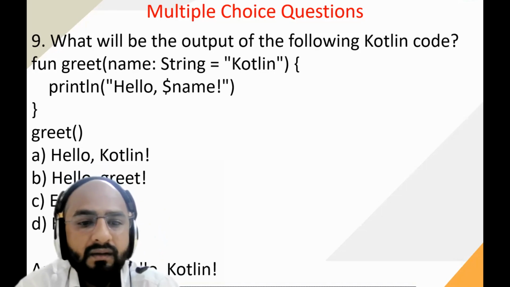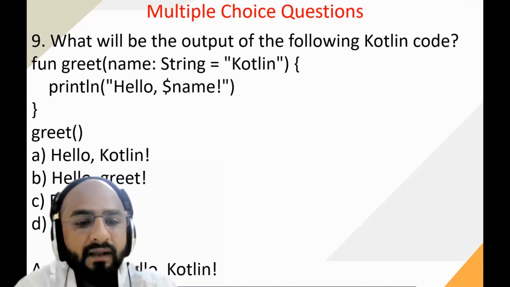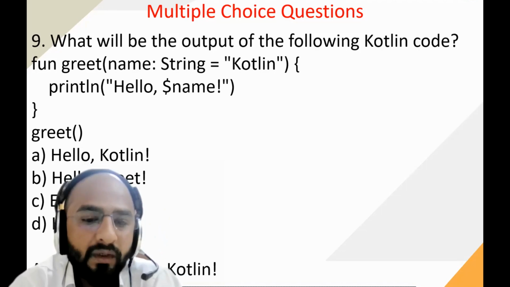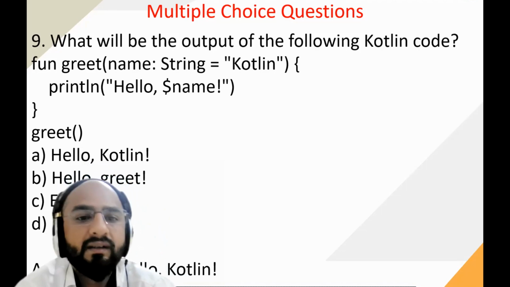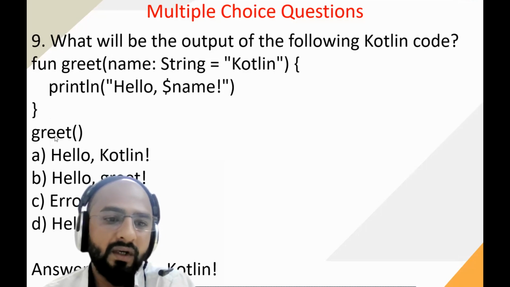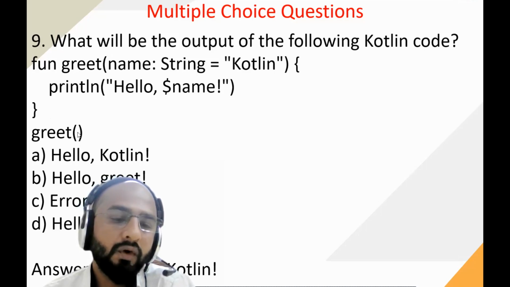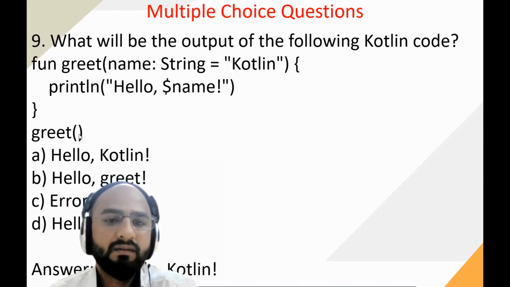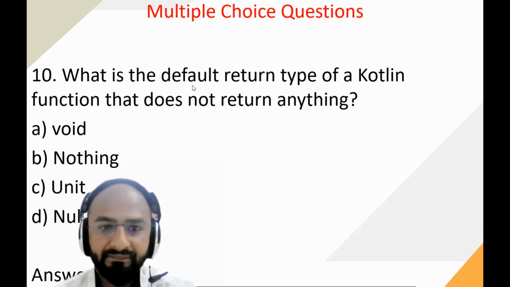Four options: hello Kotlin, hello greet, error, or hello. So the output of this program will be hello Kotlin. Why? Because we are calling the function without a parameter. So name will take the default parameter Kotlin, and we are printing hello dollar name, and name has Kotlin.